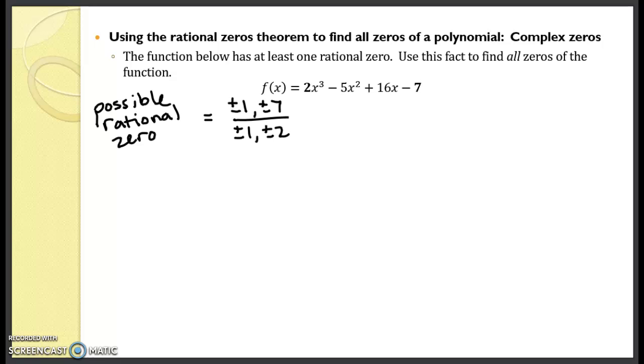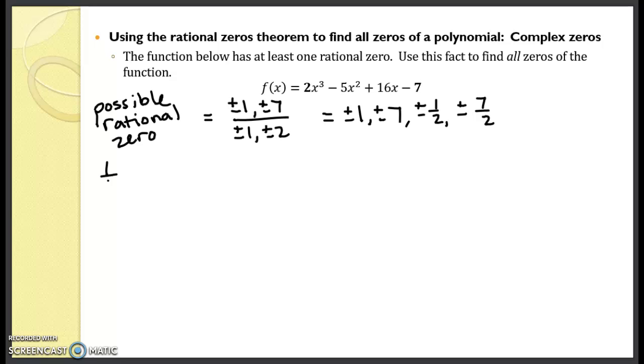You can go back and watch the video on that. So it's got to be of the form plus or minus 1, plus or minus 7, plus or minus 1/2, and plus or minus 7/2. So we're going to check each of these until we get a 0. Okay, so check numbers until you find a 0.